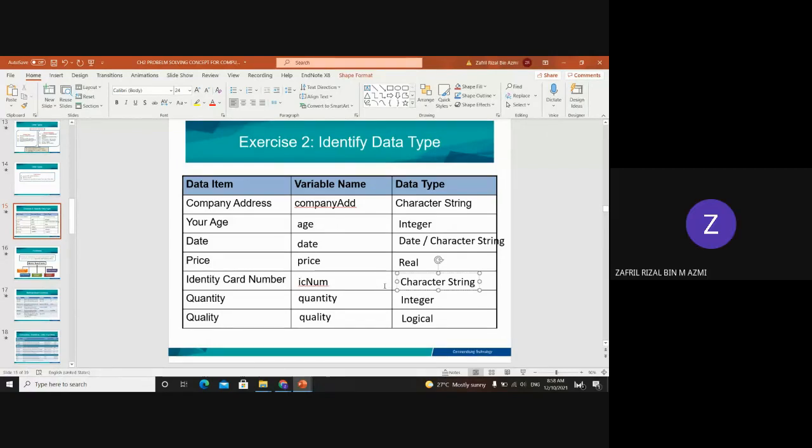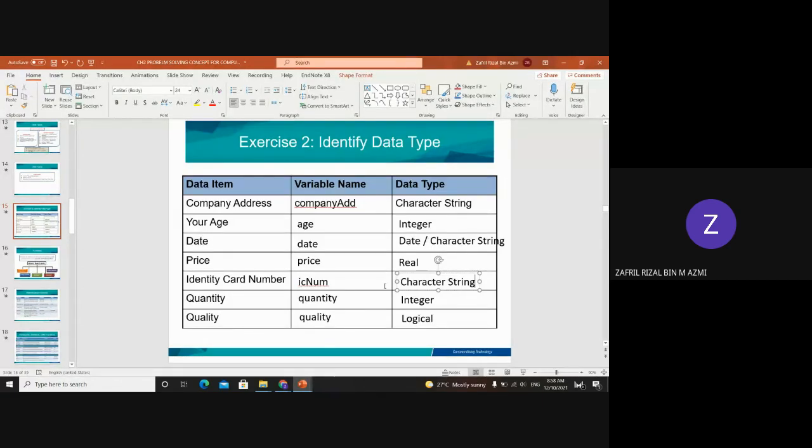Can we differentiate a female or male person based on the IC number? Yes. How? From the last digit. An odd number at the last means the person is male. Even is female.